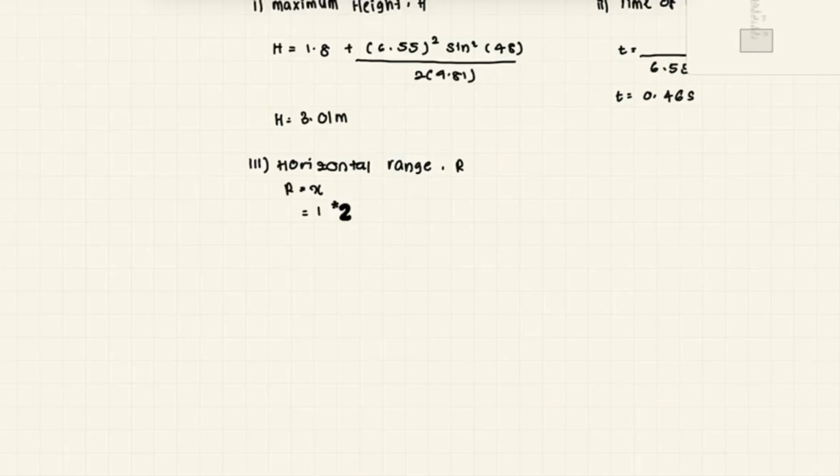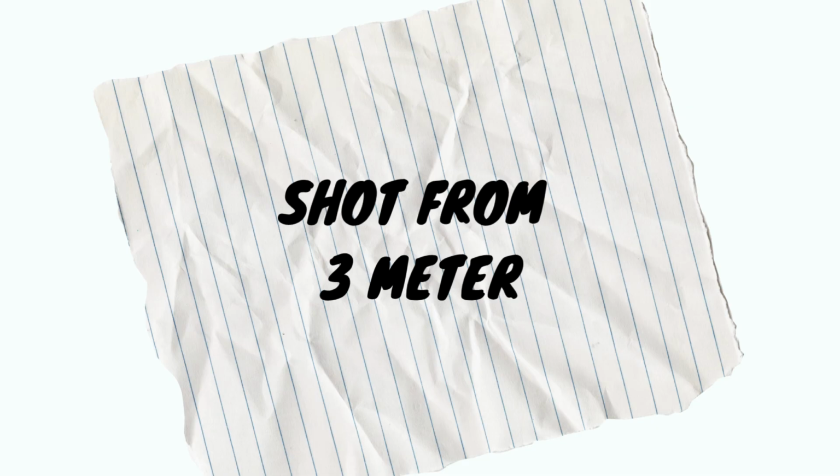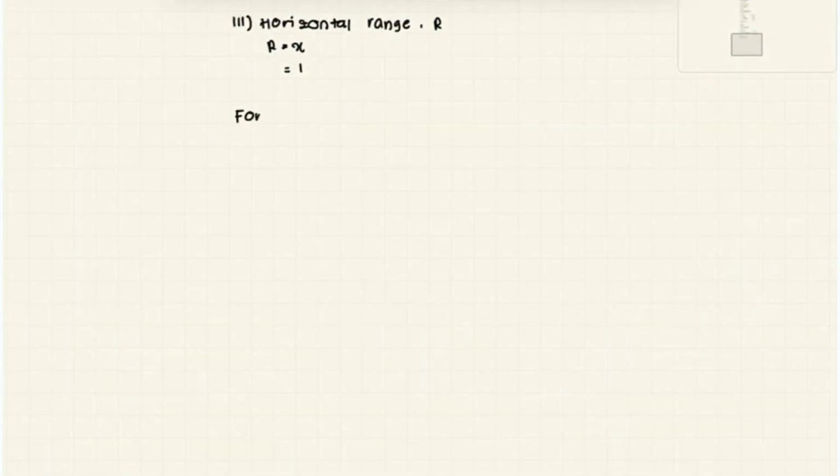I would like to apologize here because I accidentally wrote the wrong values. It's actually R equals 2, not R equals 1. And this is the full calculation for 3 meters at 42 degrees.